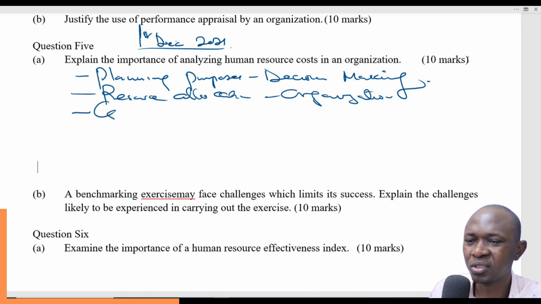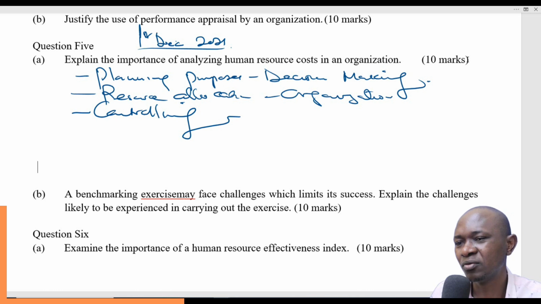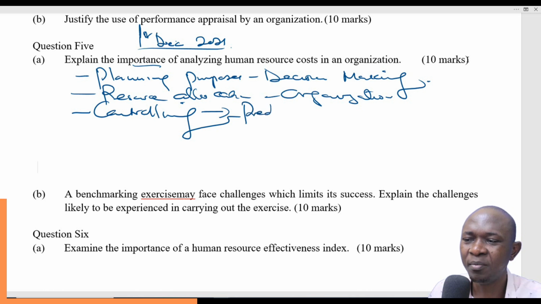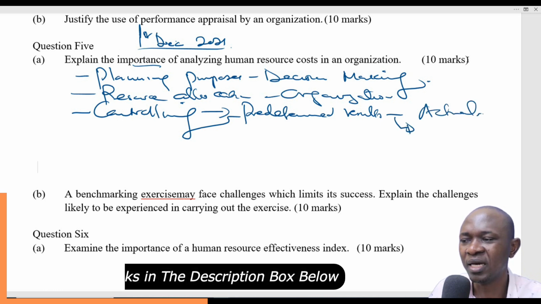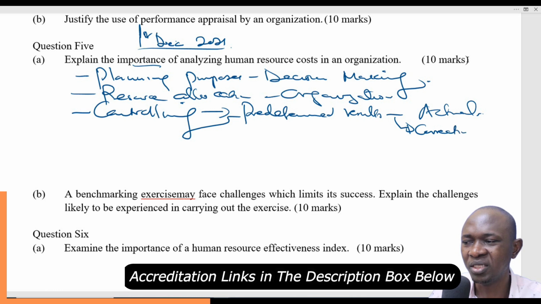And of course, it goes without saying that controlling also comes in as one of the important reasons why human resource costs should be analyzed in an organization. Controlling is simply where we compare the predetermined results, what we expect, versus the actual results, and of course the gap, we take corrective measures.